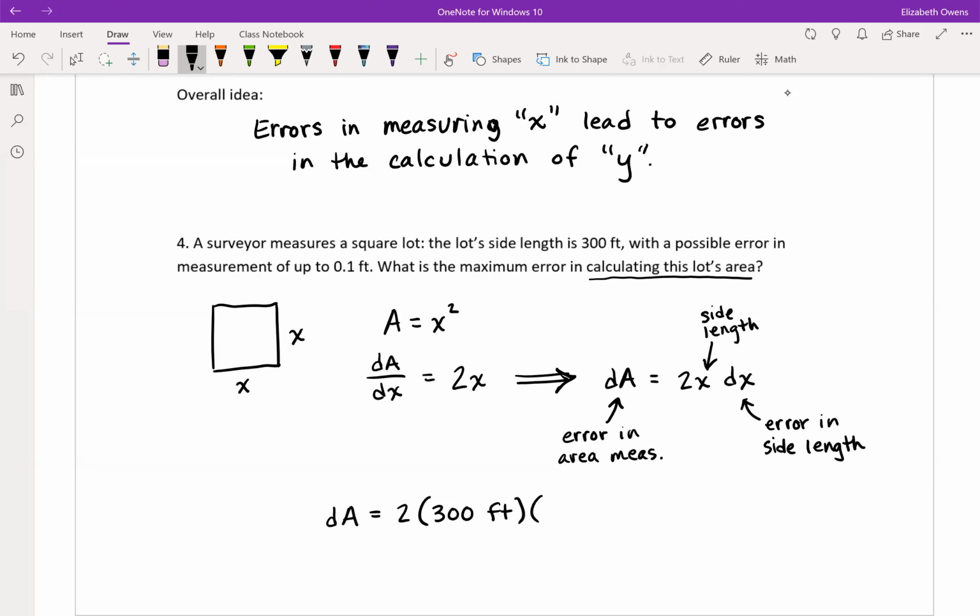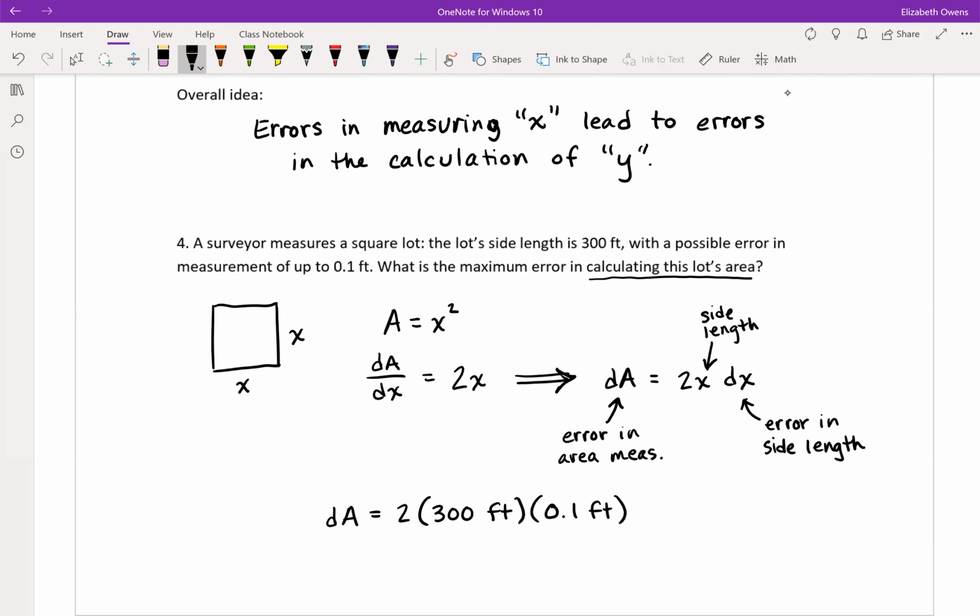And we want to max this out because we're looking for the maximum error in calculating the lot's area. So the error can be up to 0.1 foot. Let's put the full 0.1 foot error in that. So 0.1 foot that we could be off.